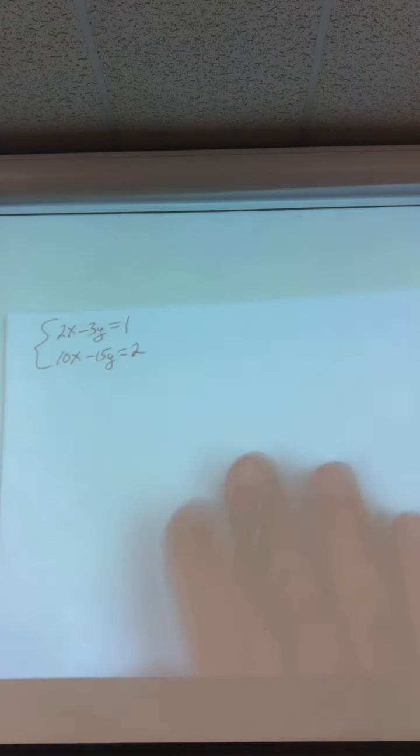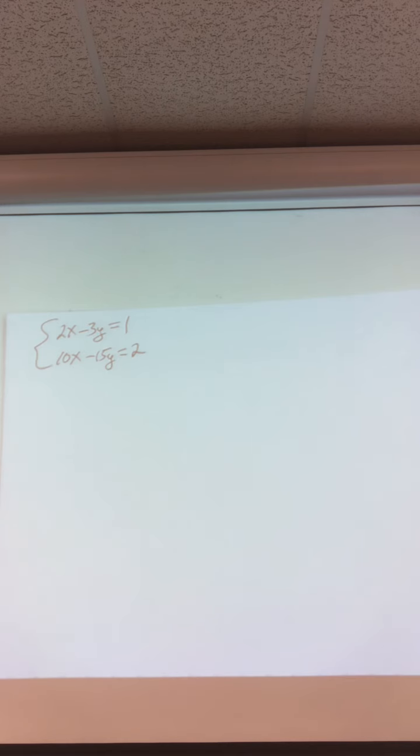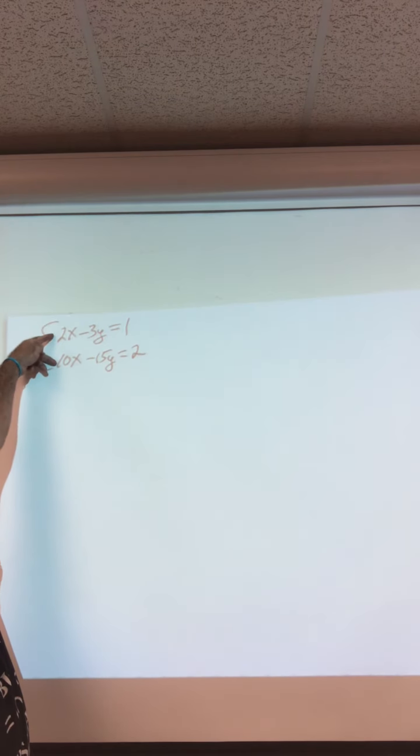So, let's write this problem. Okay, so let's use the elimination method. All right, let's see. 2 and 10, get both of these to be 10s.